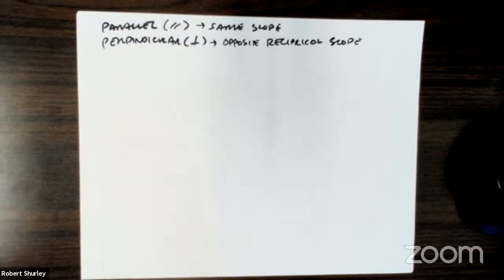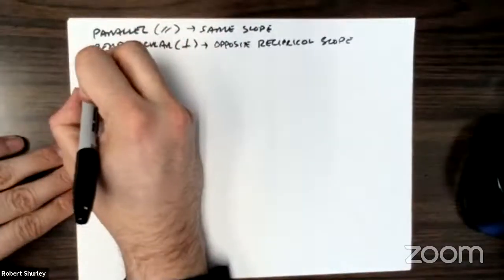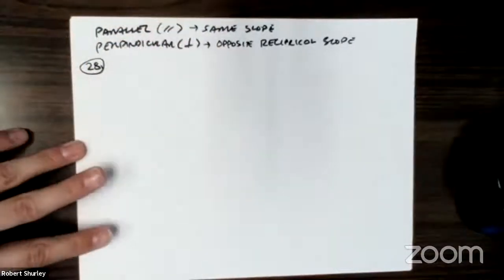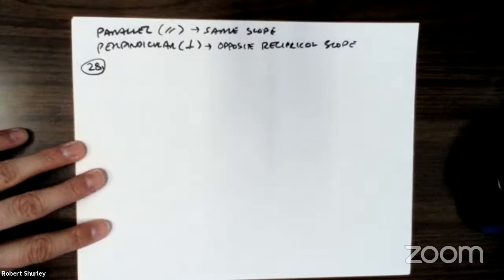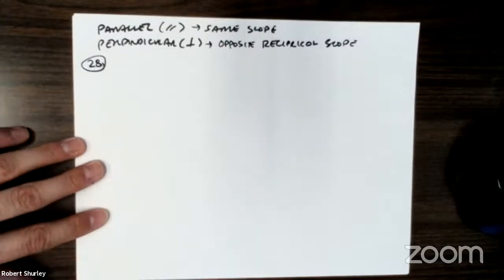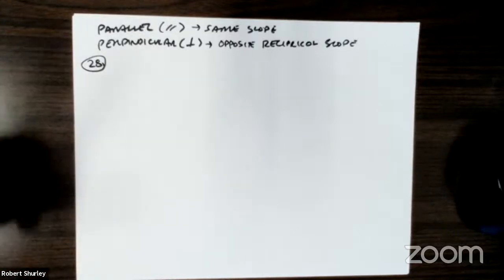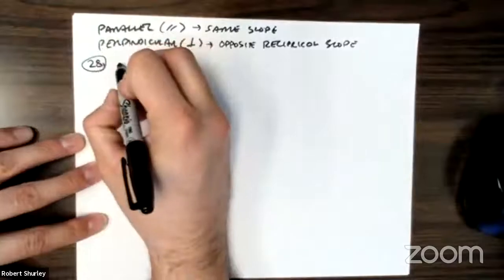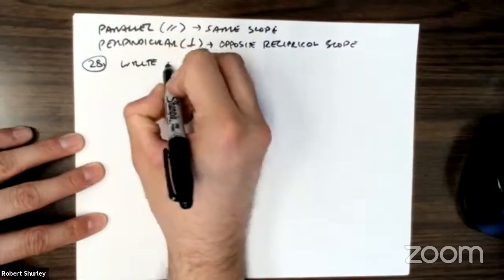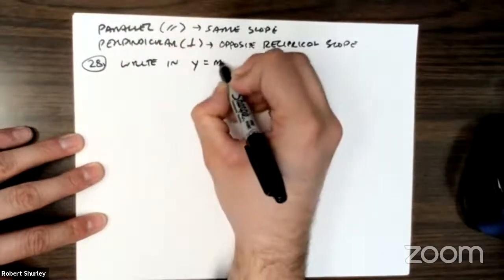So let's look at an example where this comes up. This is number 28. Man, this is going to be a tough one, I think. Maybe not. Number 28, which is on page 212, says, write an equation of the line. Write the equation in the form x equals a, y equals b, or y equals mx plus b. So we're going to do y equals mx plus b.